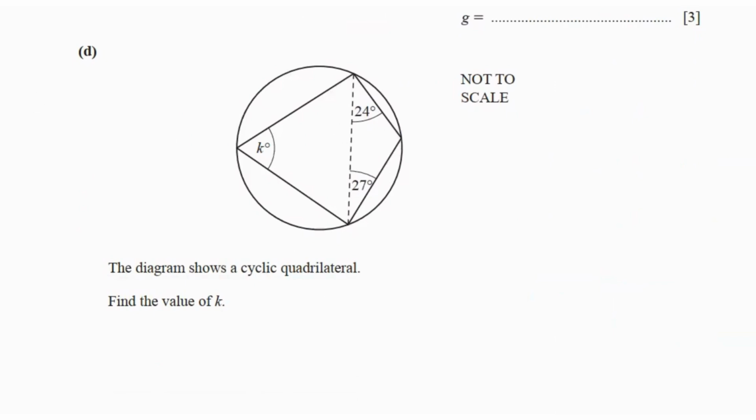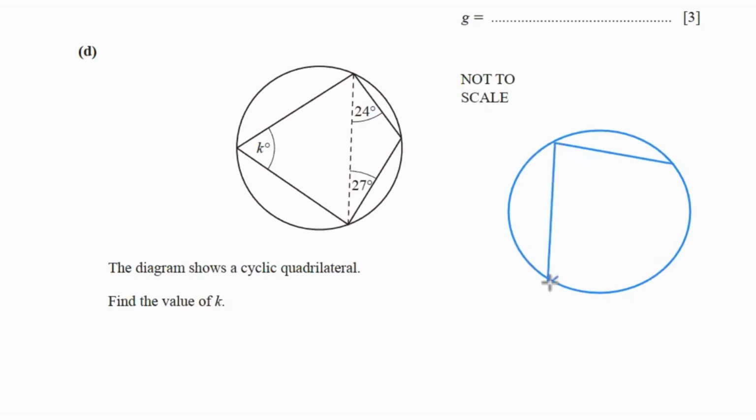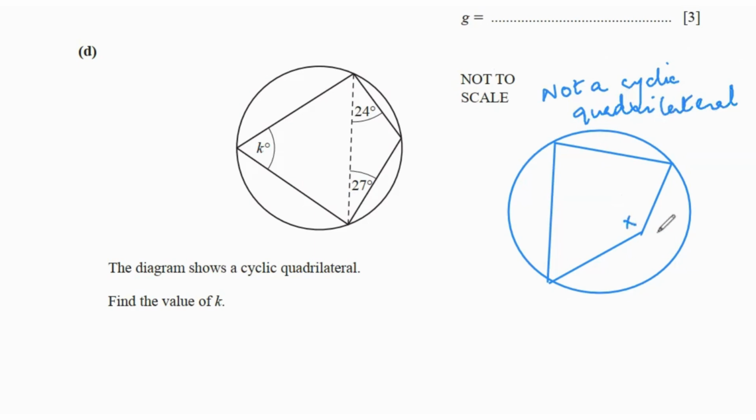If, let's say, you have this circle over here, and this is your quadrilateral inside the circle, this is not a cyclic quadrilateral because the vertices are not touching the circumference. Because this one is not touching it. This is, but not. So this is why it's not a cyclic quadrilateral.